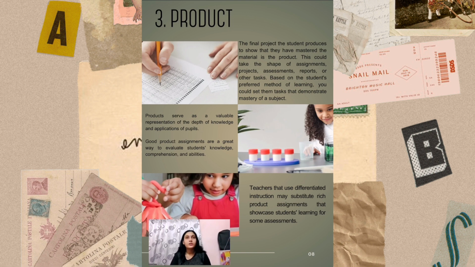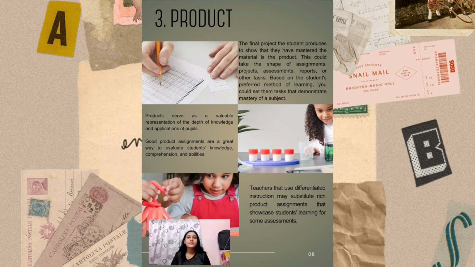The last way to differentiate instruction is the product. The product is the final project the student produces to show they have mastered the material. Examples of products are assessments, assignments, school projects, or report writing.